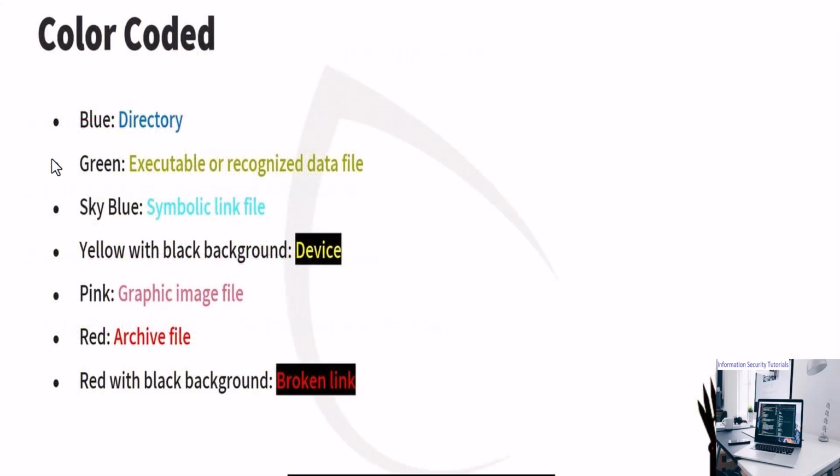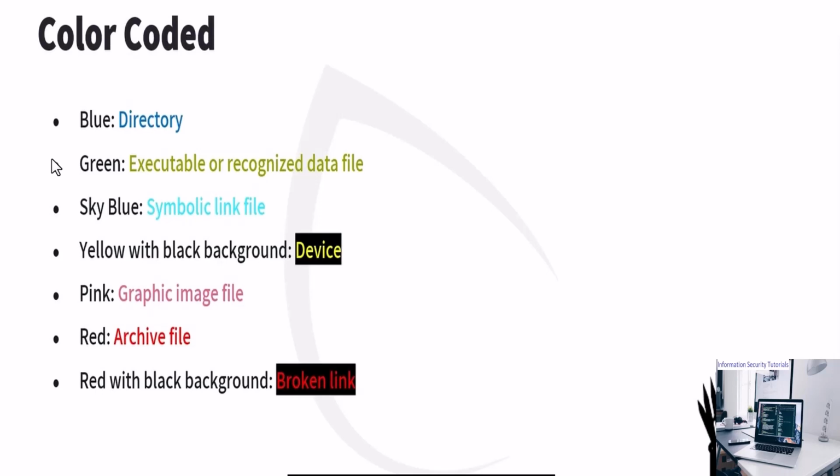So let's start. First, when you list the contents of any folder on your system, you will see some objects in blue, others in green, others in sky blue, and so on. Every one of these colors refers to a specific type of object.